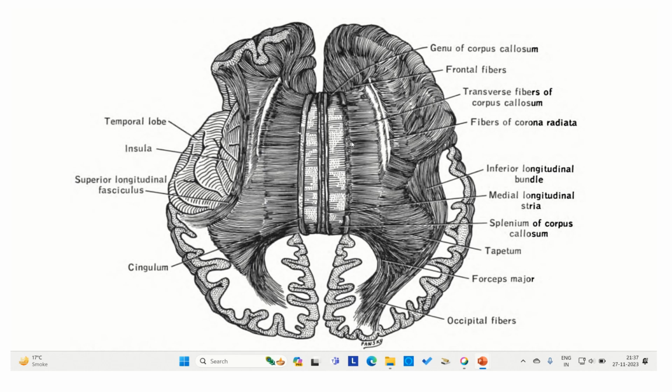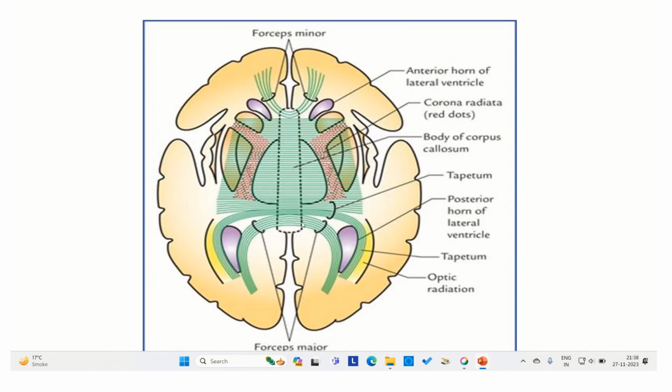The fibers coming through the body of the corpus callosum are intersecting with the fibers of the corona radiata, but these fibers are not intersecting with the corona radiata. So these are the tapetum. You can see the forceps minor, then the major fibers intersecting with the corona radiata. This is the tapetum and this is the forceps major.